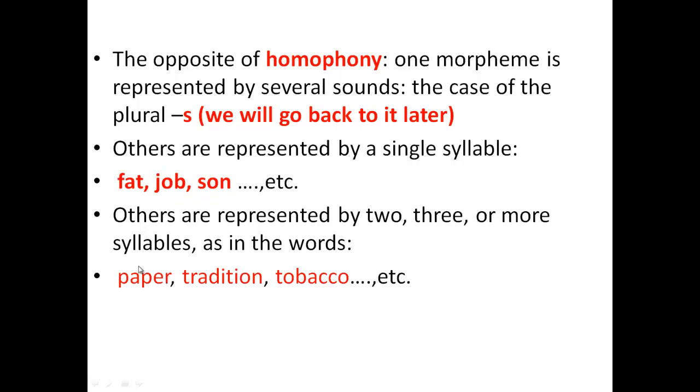But how many morphemes? It's a monomorphemic word. Tradition here, it's 3 syllables, a polysyllabic word. Tobacco, once again, a polysyllabic word, but monomorphemic. So in fact, the number of syllables does not coincide with the number of morphemes in words.